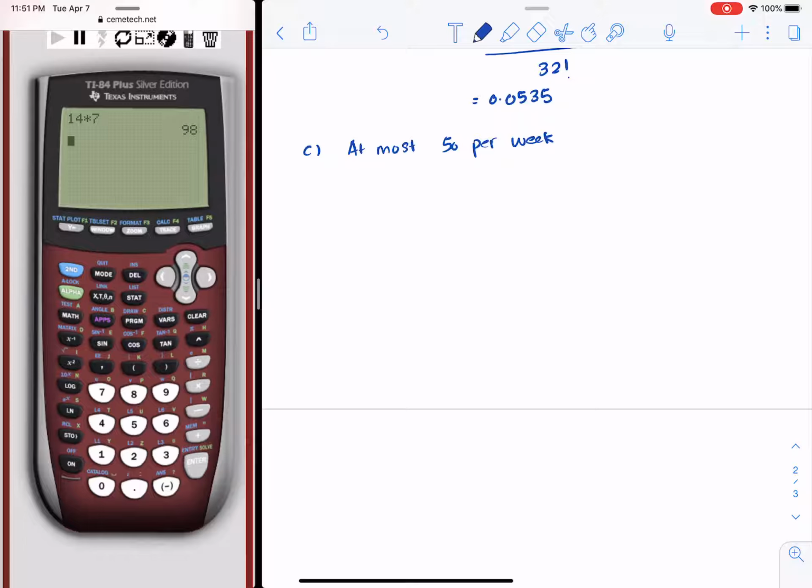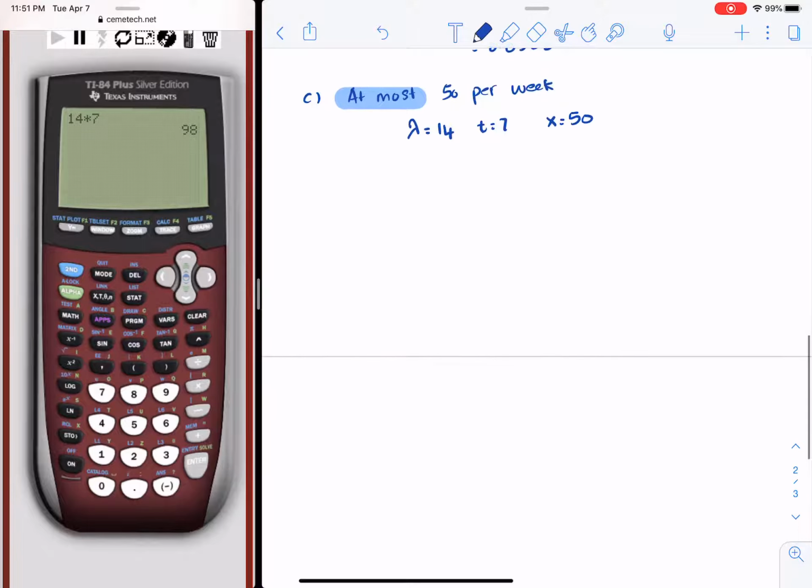It is likely to be small. So let's see if we can get to that answer. So lambda is 14, and t is 7, x is 50. But the key phrase here is at most. So since it is at most, we have to use probability of x less than or equal to 50.